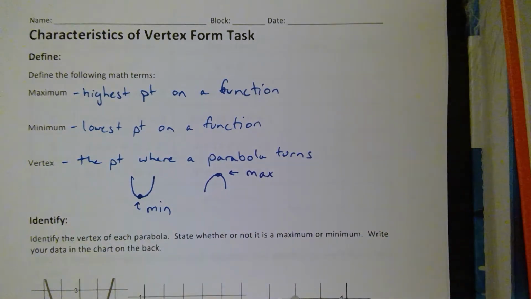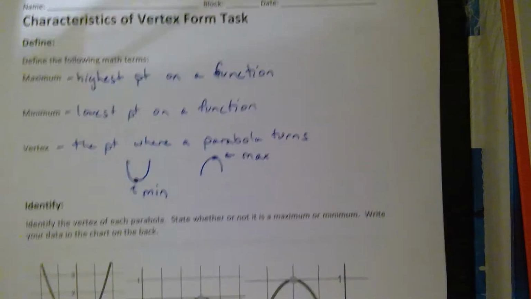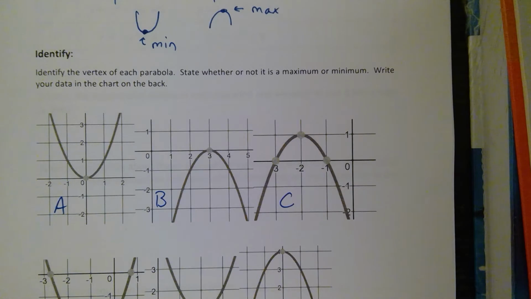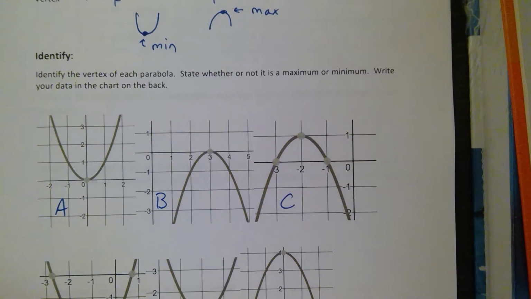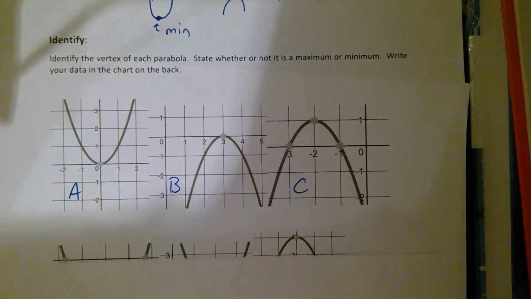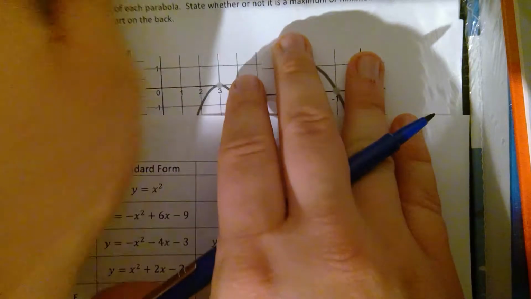All right, now in your task, you were given the task of identifying the vertex of each parabola and stating whether it's a minimum or a maximum. All right, so let's go ahead and fill out our chart. Hopefully yours looks something like it. So, slow this down a little bit.